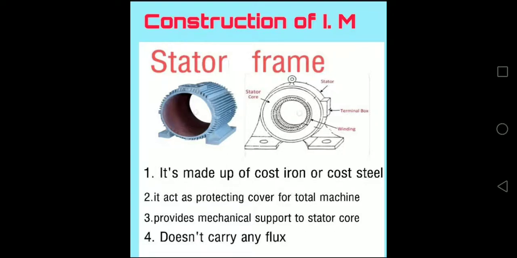Otherwise, it can be made up of silicon steel also, but there is no requirement. Cast iron is for small rating machines, and cast steel is for large rating machines.